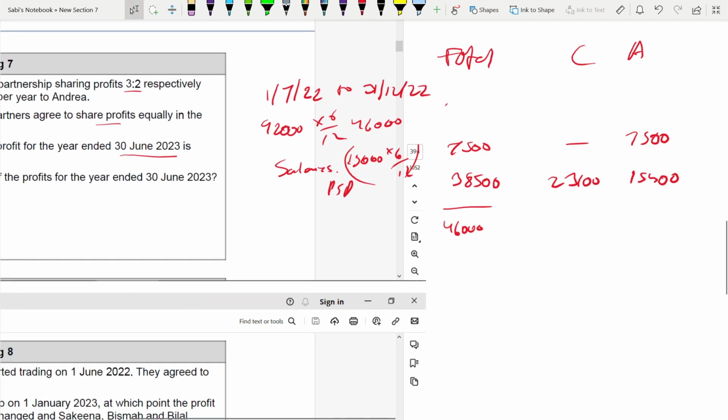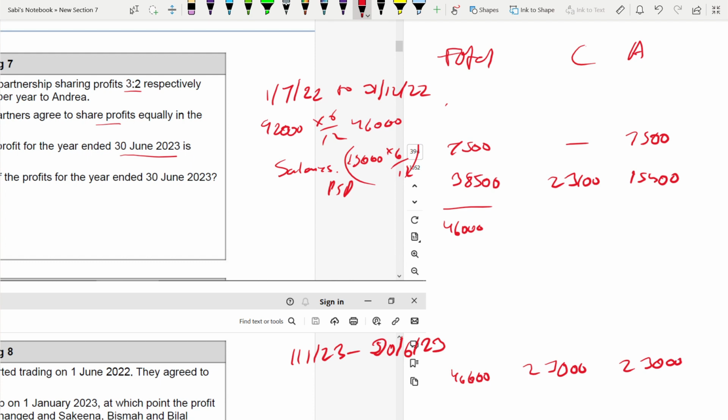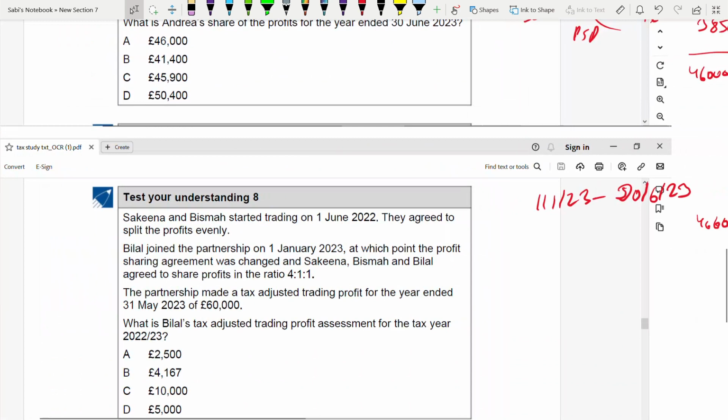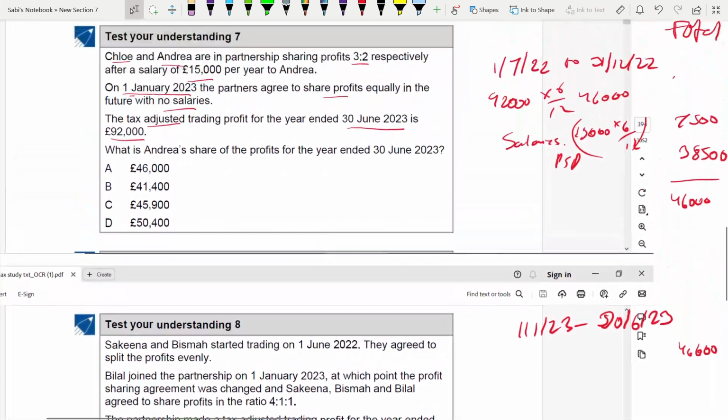Then from 1st of Jan 23 to 30th June 23, again another 6 months. So 46,000. Profit will be shared equally, 23,000, 23,000 with no salary. So what is the correct answer? Andrew's share of profit.